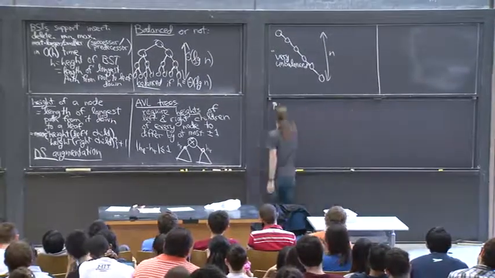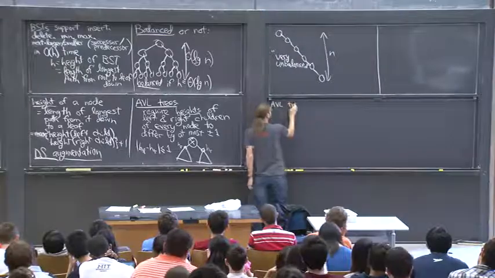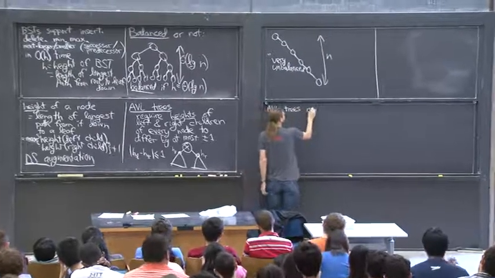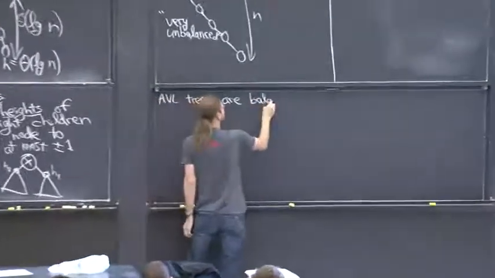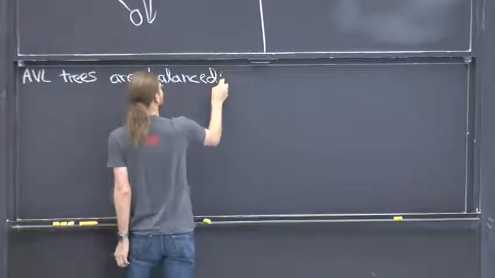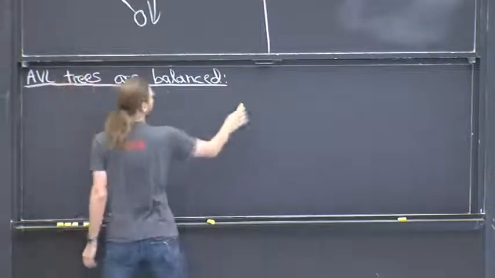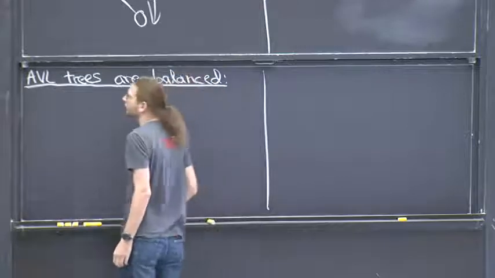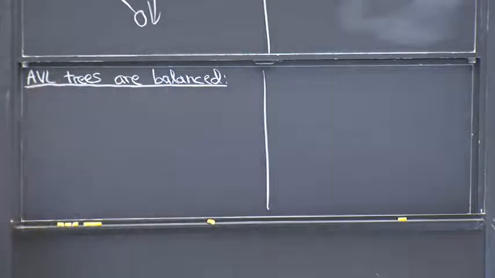So first claim is that AVL trees are balanced. Balanced, remember, means that the height of them is always order log n. So we're just going to assume for now that we can somehow achieve this property. We want to prove that it implies that the height is at most some constant times log n.